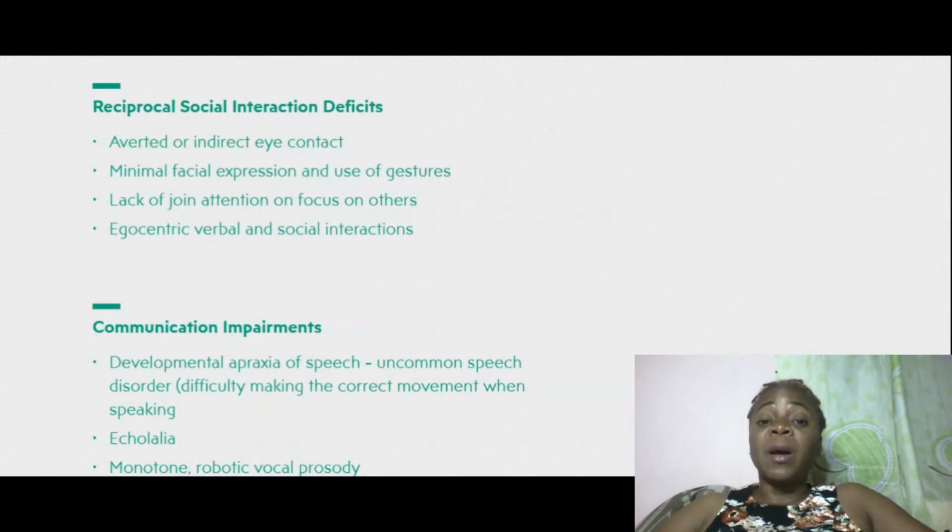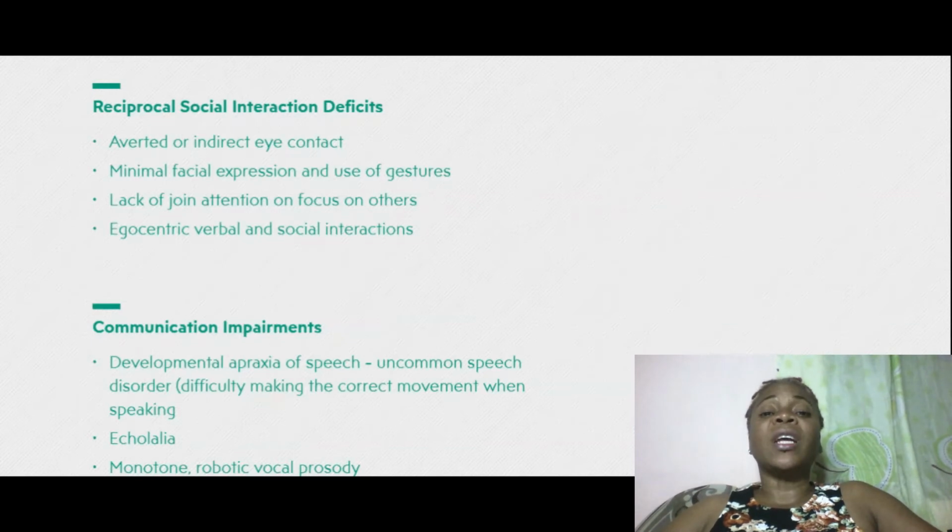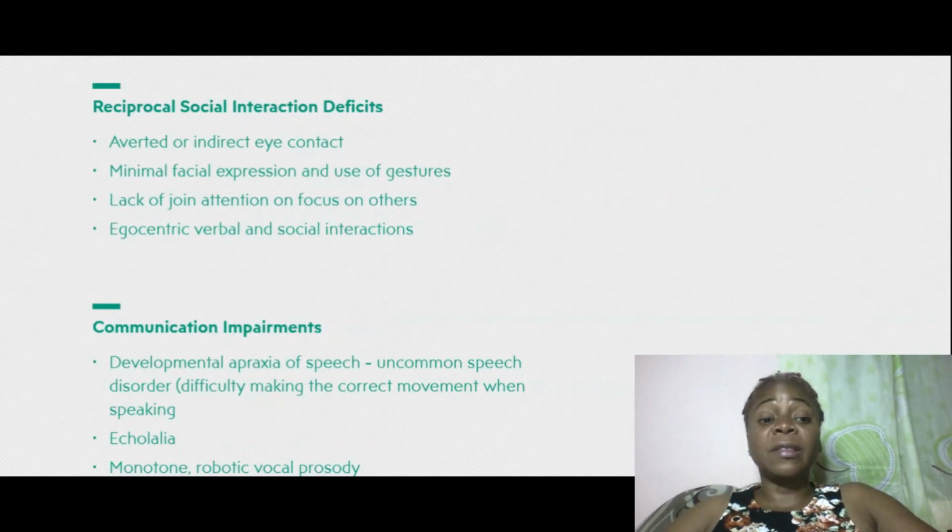Then they have minimal facial expression and use of gestures. So they generally have what we call a flat affect. You can't use their face to identify any emotional feeling that they may be having because they just have a flat affect. There is no expression in their faces.